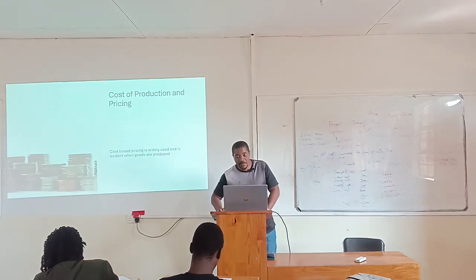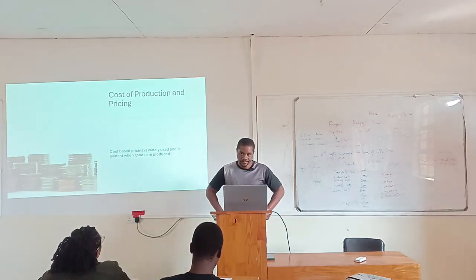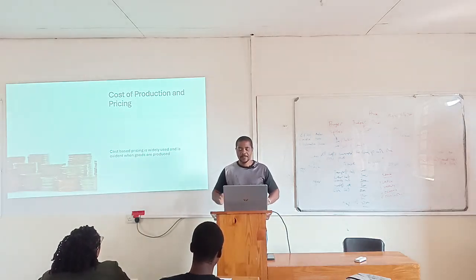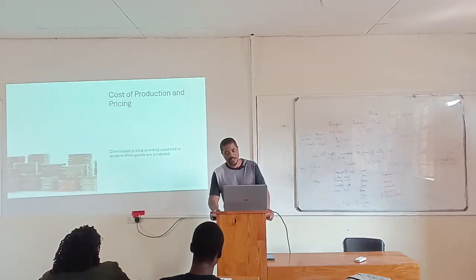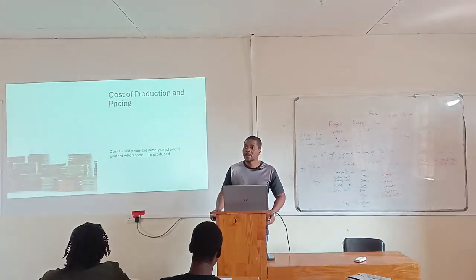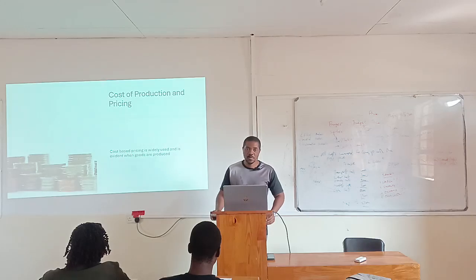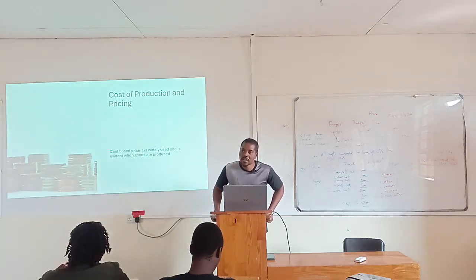So, what can be some of the costs that our suppliers can incur? Suppliers for raw materials. Transport costs, yes. Transport costs, number one. Number two, another cost, labor costs.